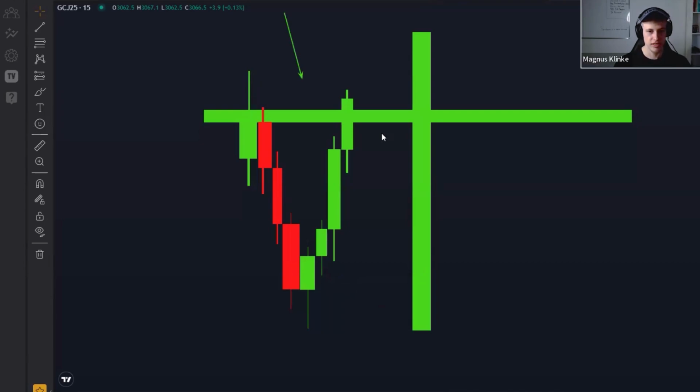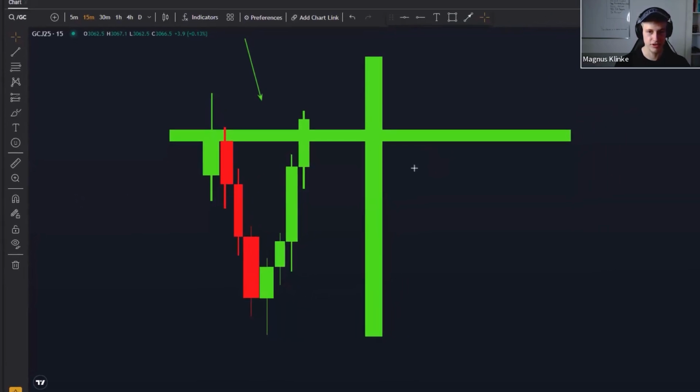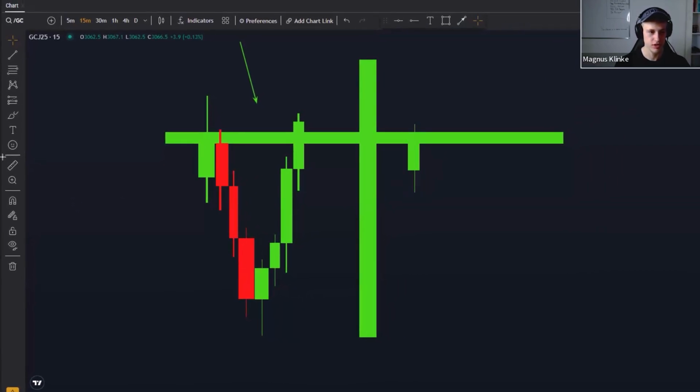So let me draw an example here for you of something that's not an overextended breakout. Basically, if we see these candles here, let me draw the exact same thing real quick. We see a resistance here and some candles coming down, and we see a new support getting created down here too.